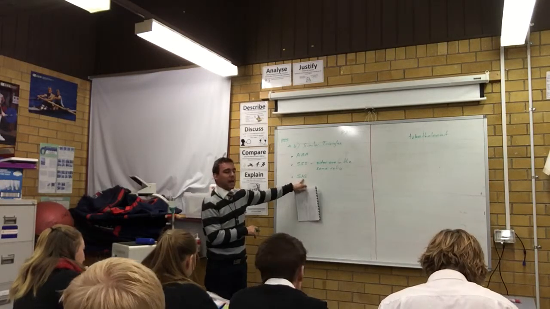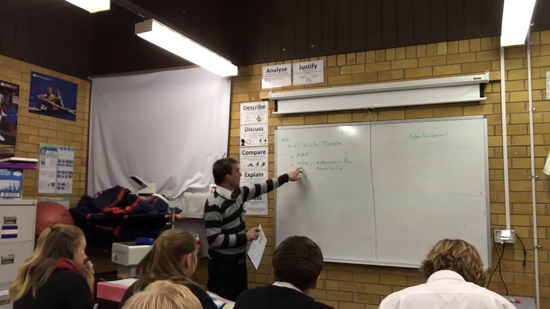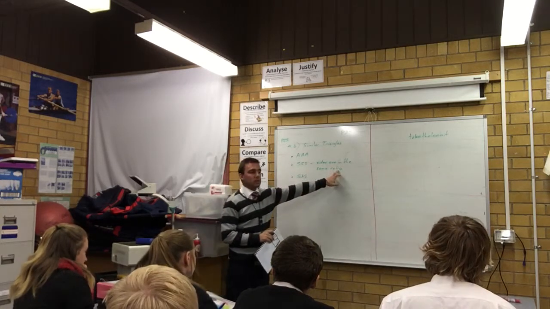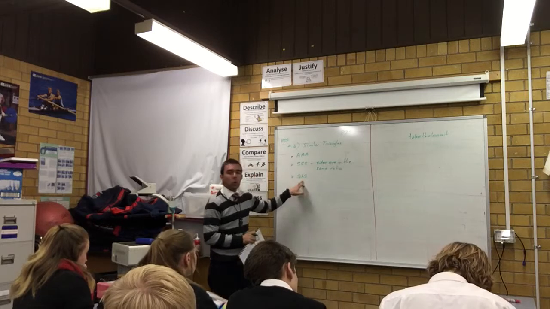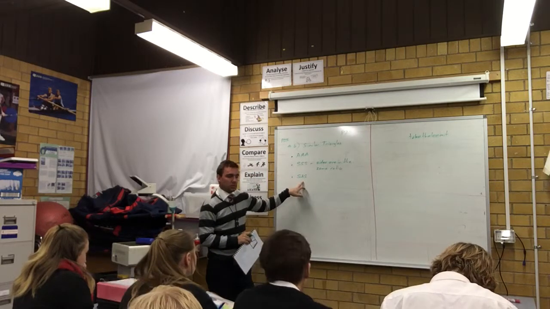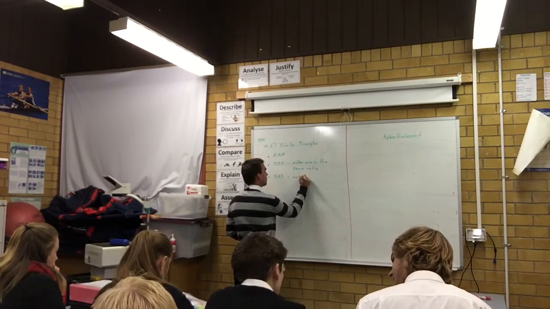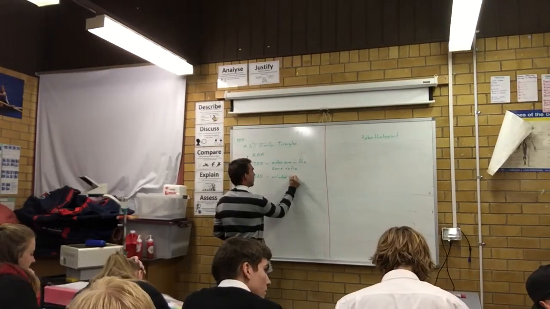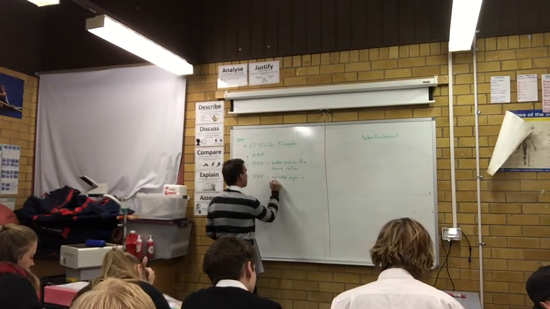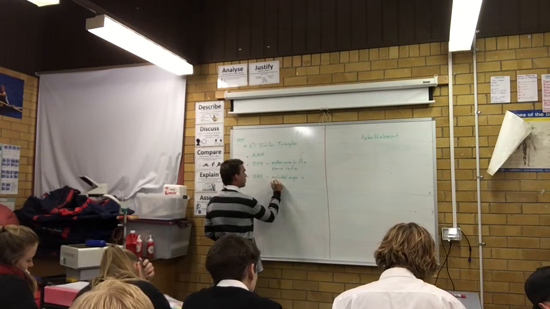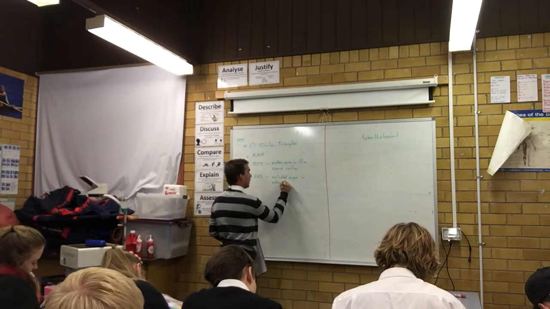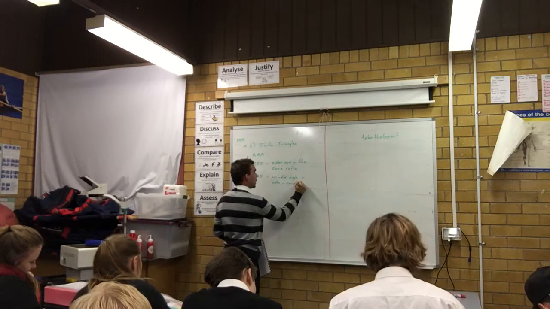So the angle's the same, but the two sides, just like the triple S test, the two sides are in the same ratio, and the included angle is the same. Alright? So included angles are equal, and the sides in the same ratio.